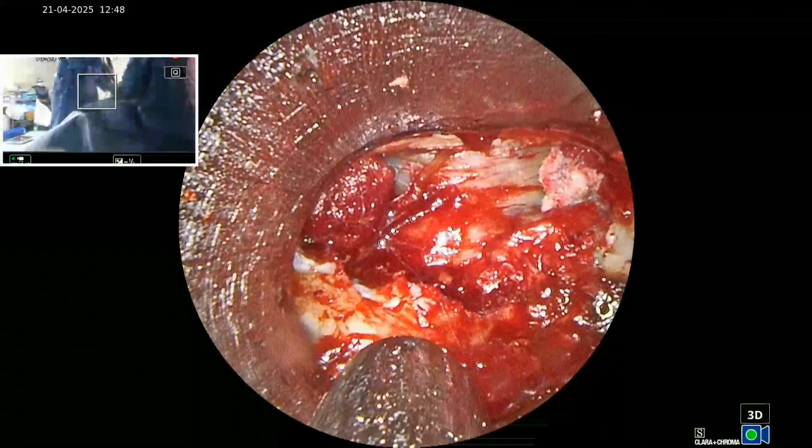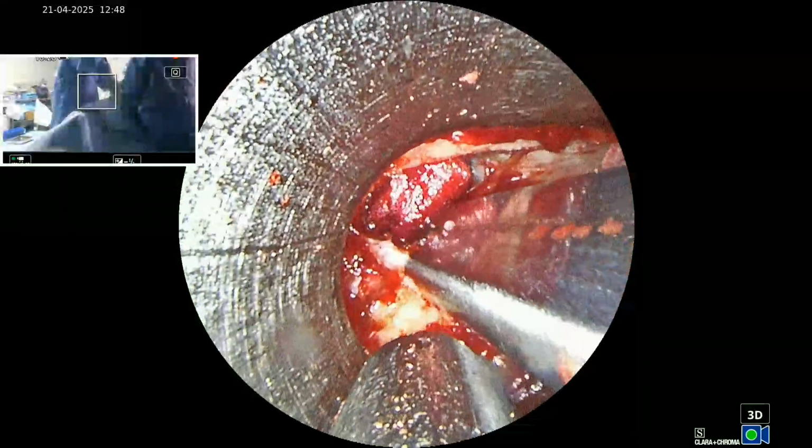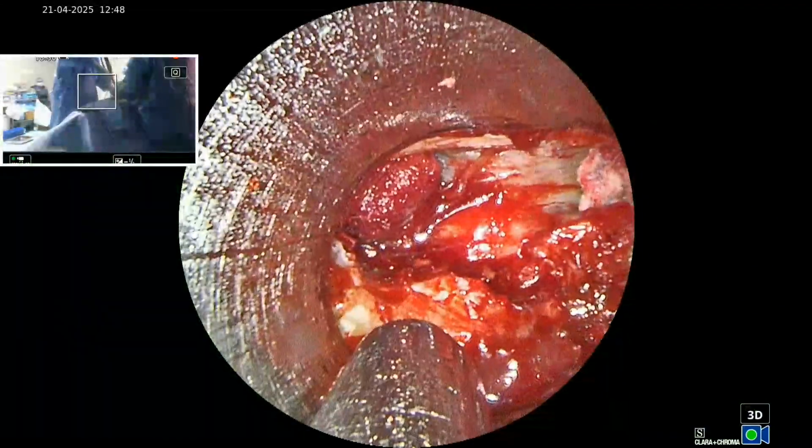So we are tracing the nerve root up to the foramen, foraminotomy, and nerve root decompression up to the foramen.